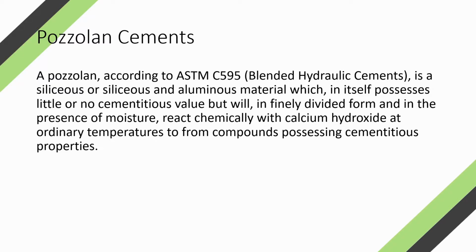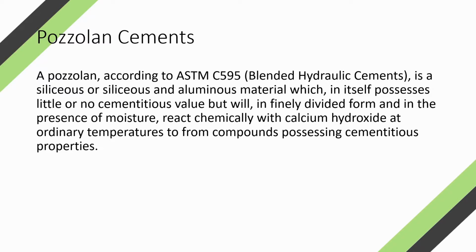So, pozzolan cements are produced by direct grinding of volcanic rocks or by calcining and grinding clays, shales, and diatomaceous earth. So, very little use has been found for pozzolan cements in the area of structural concrete kasi itong pozzolan cement natin ay hindi siya ganon kalakas.